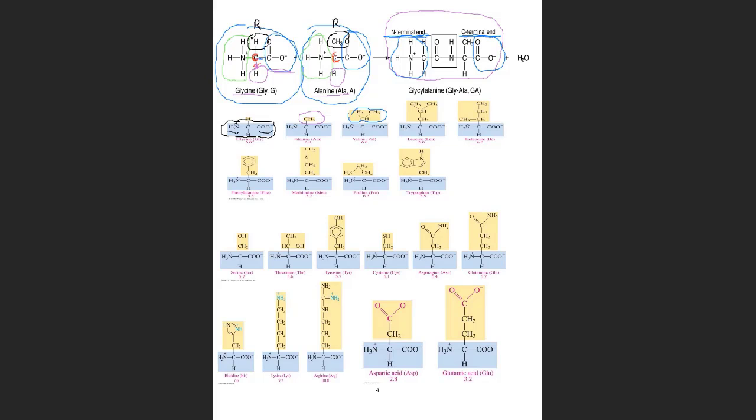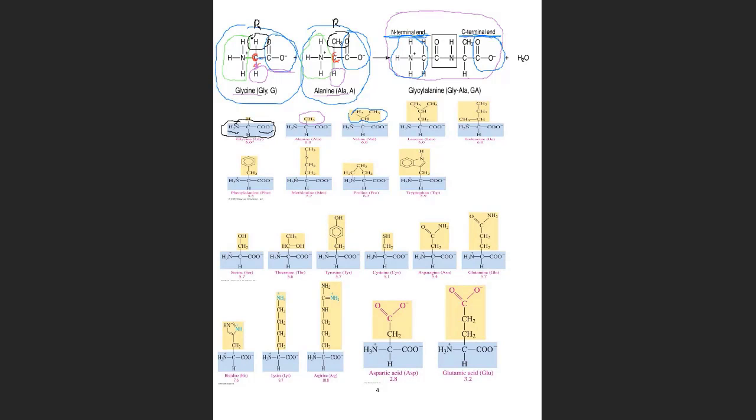And what is a peptide bond? We said at the beginning that peptides are compounds of two or more amino acids connected by a peptide bond. What is a peptide bond? It's an amide bond. Let me mark it here.